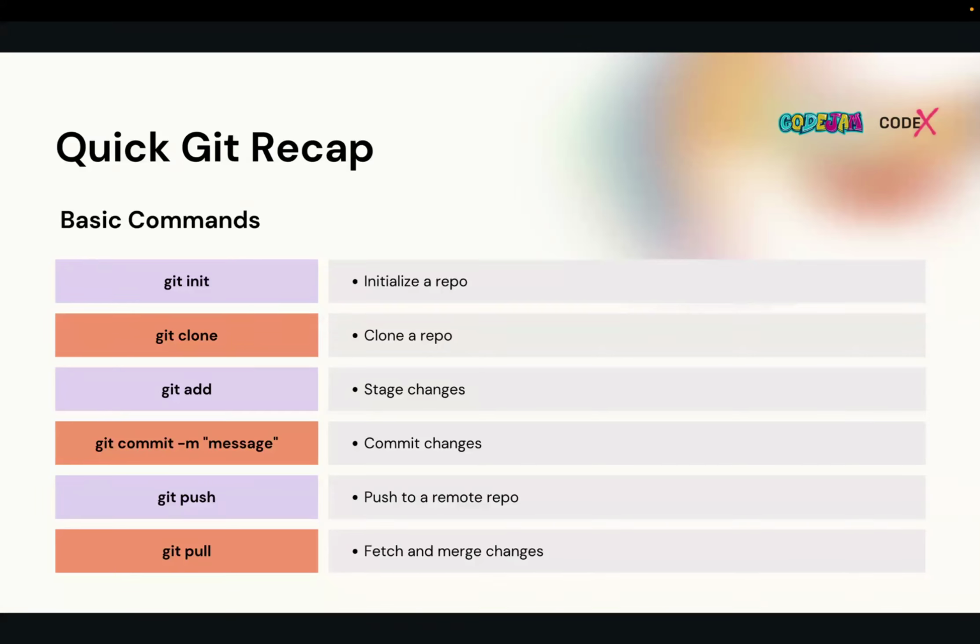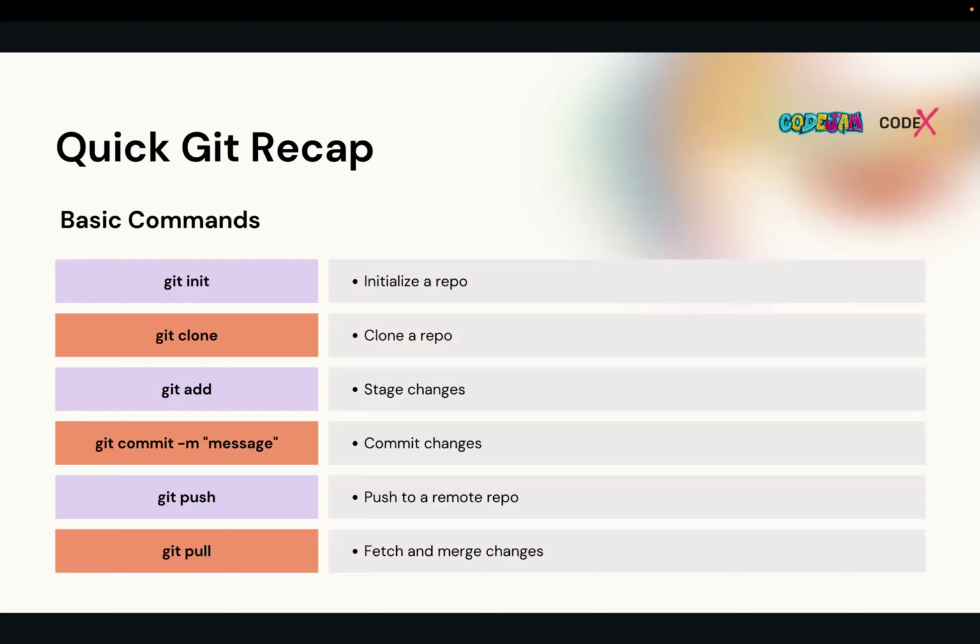Clone is basically to get a working copy of a remote repository. We have a repository hosted somewhere in a publicly accessible platform. We make a clone of that remote repository onto our local machine to make changes and implement things in the local environment.